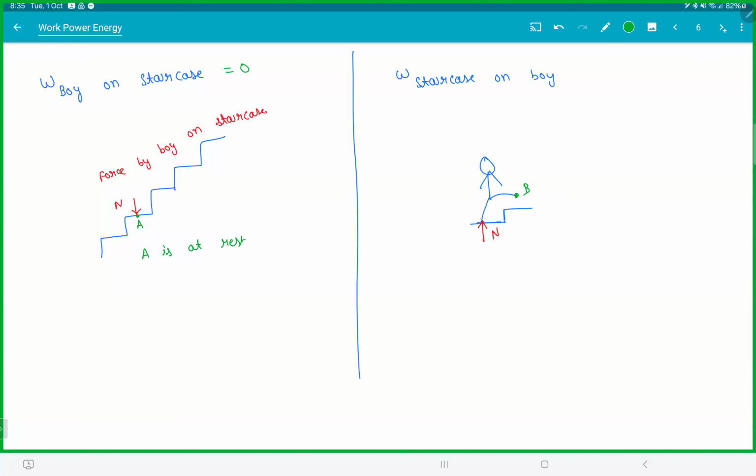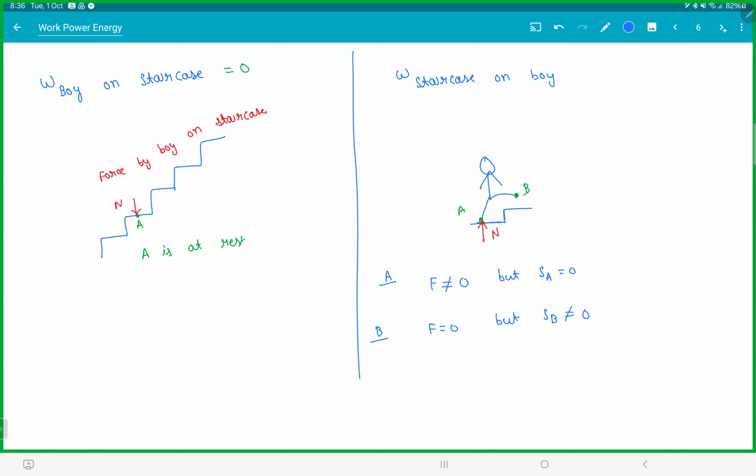This is point B. This is point A. When you're walking, when your foot is on the staircase, that foot is not moving, isn't it? The leg which is on the staircase is not moving. The leg which is not touching the staircase is moving. So on A, force is not 0, but displacement is 0. A never moves when you're touching. On point B, force is 0, but displacement is not 0.